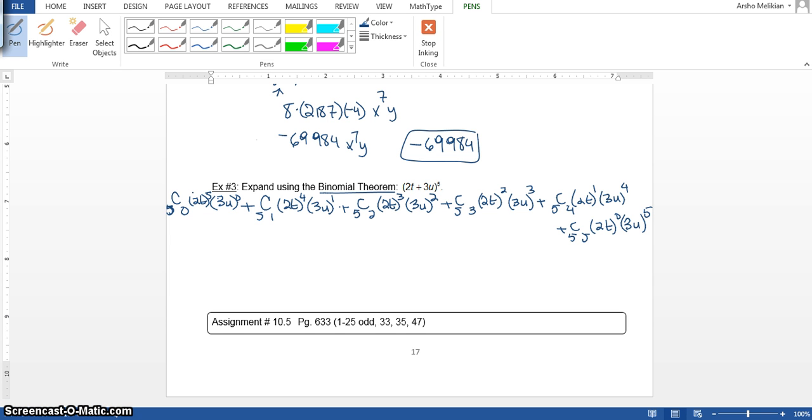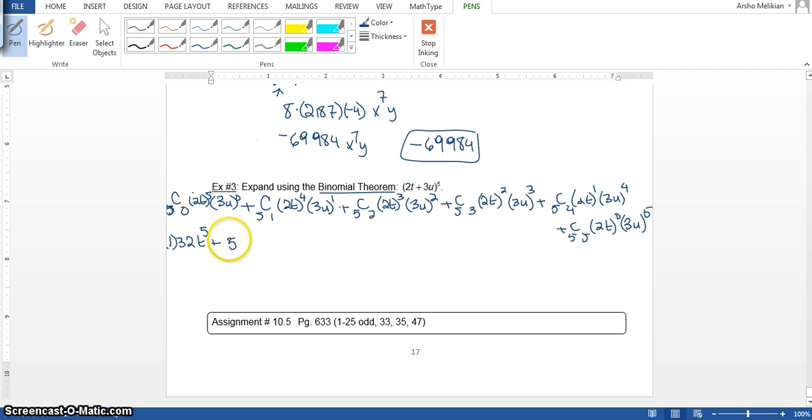So in the first case, C 5 0 is 1. Now, I have 2 to the 5, which is 32. T to the 5. This is to the power of 0, so it's 1. It goes away. The next one, when you put it in the calculator, it gives you a 5.